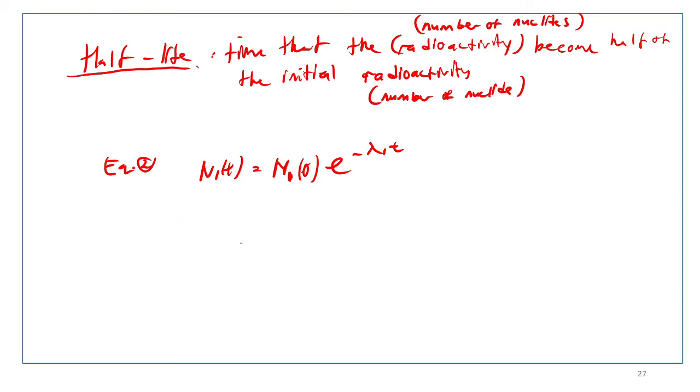Okay, so let's say the time. If the initial number of radionuclide is N10, so its half is N10 over 2, and the half occurs exactly as the time equal to the half-life.